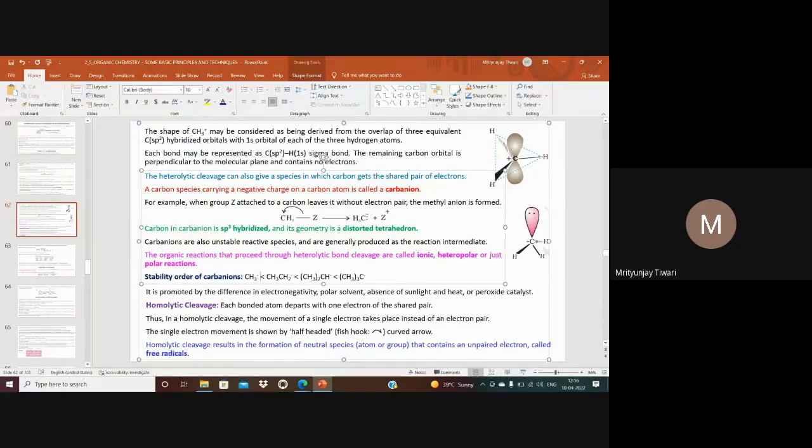This is more stable, then comes this primary carbanion, then the secondary carbanion, and lastly the tertiary carbanion.